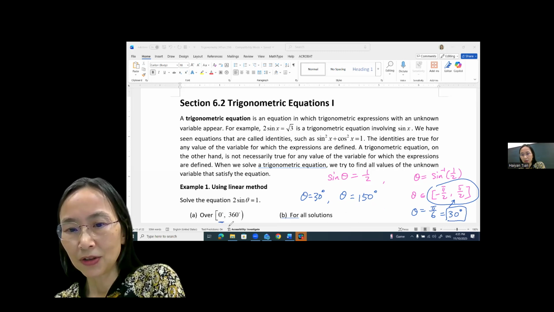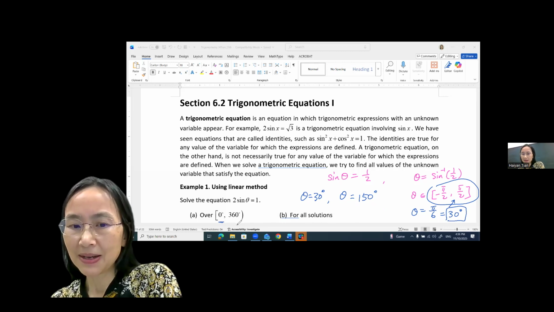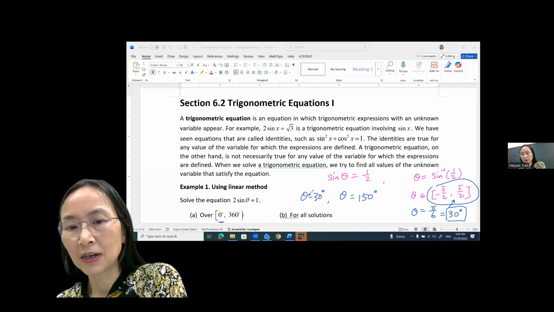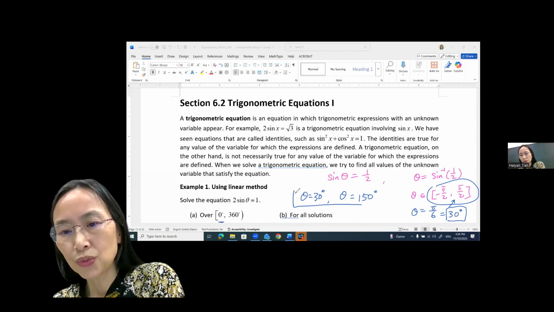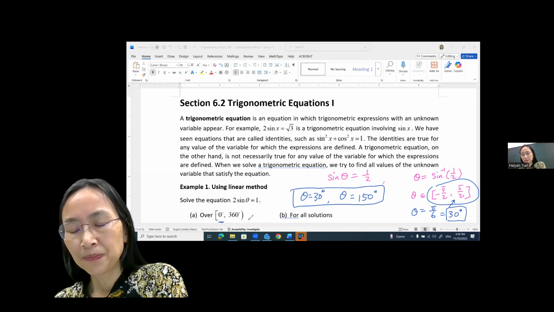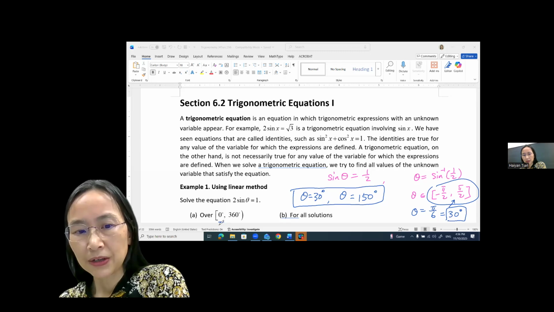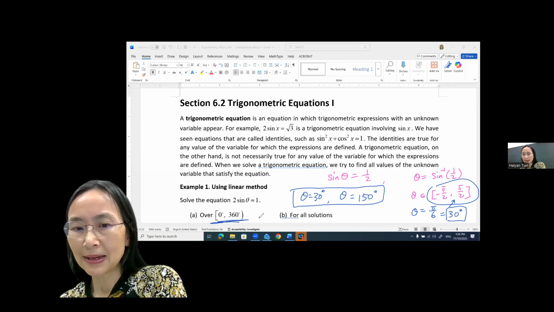And that's all, because if you go to the third quadrant, there's a theta, but the sine theta will be negative. In the fourth quadrant, we don't have another. So these two are the angles in this range, from 0 up to but less than 360 degrees.